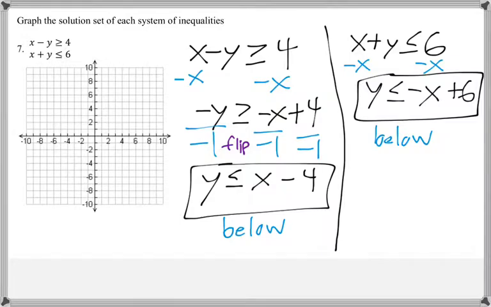So let's show this on our graph. This one crossed at (-4, 4).